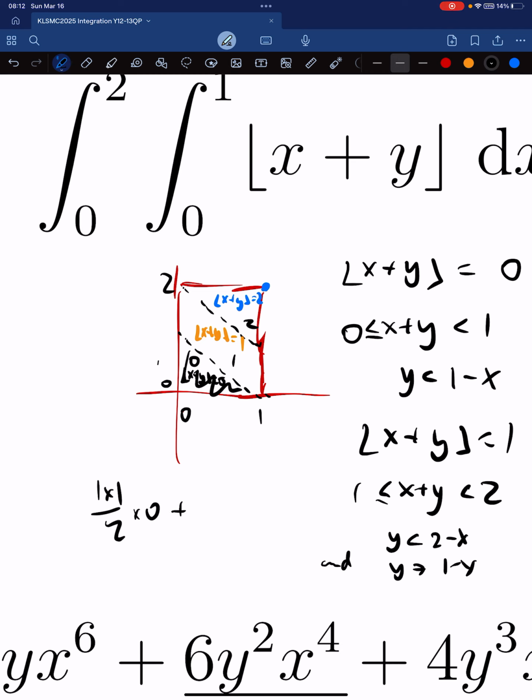Plus the area for this parallelogram is going to be 1 times 1, and because our function evaluates to 1 there, 1 times 1 times 1. Plus the area for this triangle is 1 times 1 over 2 times 2, because our floor function equals 2 in this area. So it will just equal 1 plus 1. So our integral evaluates to 2.